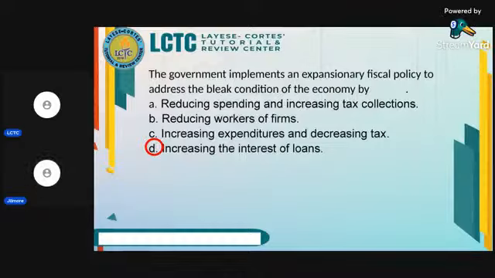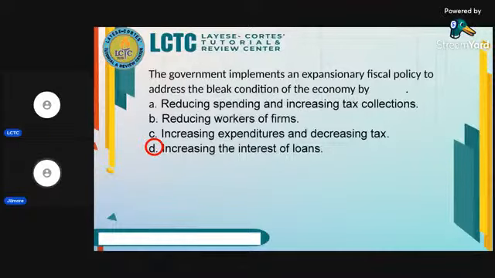When a government implements an expansionary fiscal policy, take note, expenditure increases and taxes decrease. If it is a contractionary fiscal policy, expenditure decreases and taxes increase.